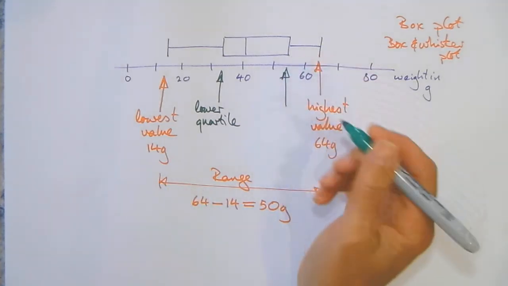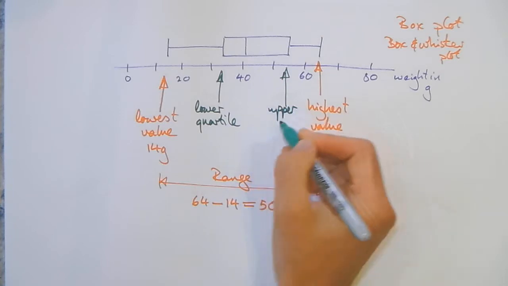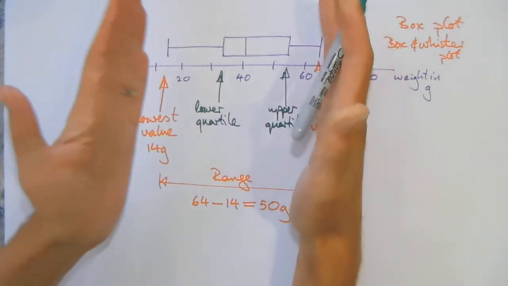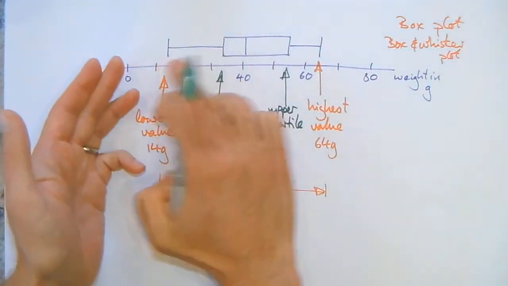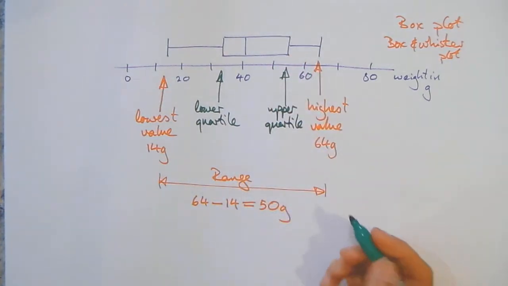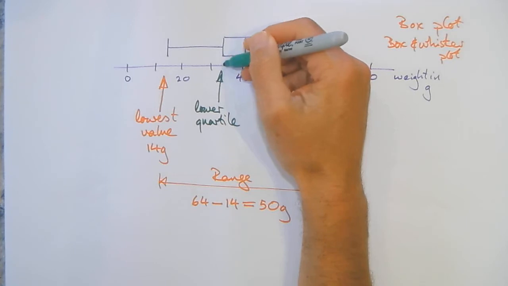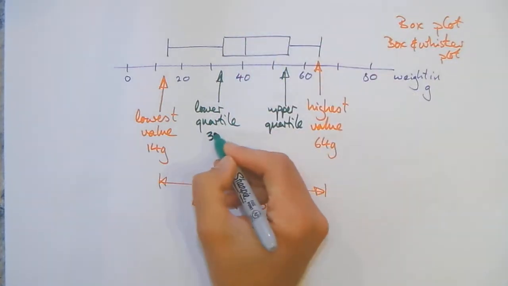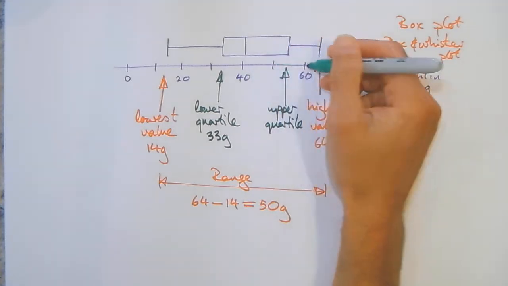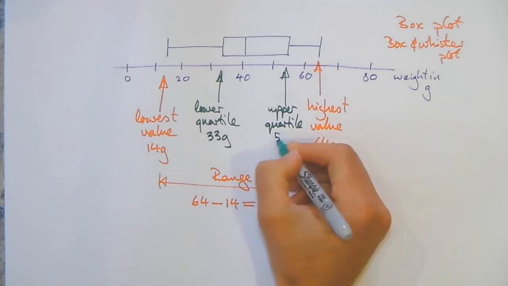If you had 100 values in your sample, the upper quartile is the 75th value. If there were 20, the 1st, the 20th, the 5th, the 15th, and so on. So I think that's 30, I'm going to say 33 grams. And that one, 40, 50, 60, I'm going to say that's 54 grams.